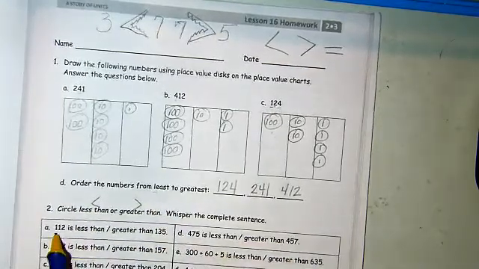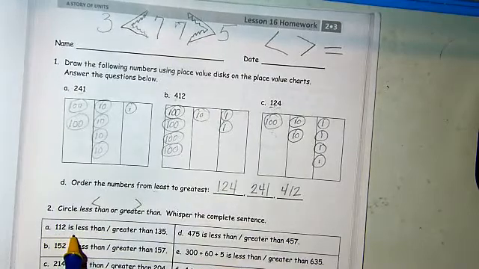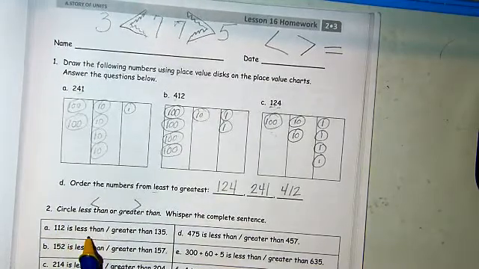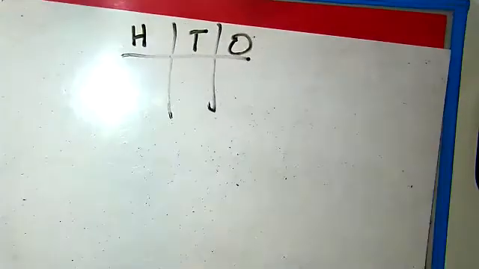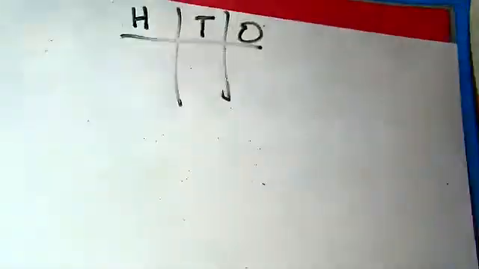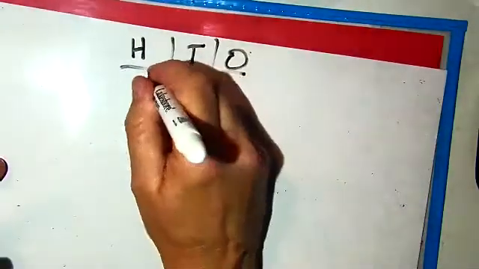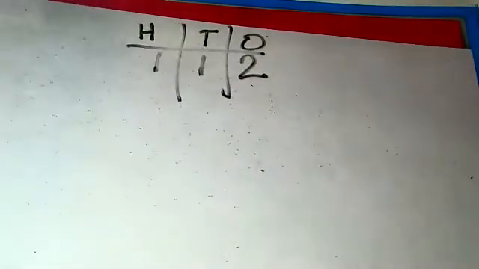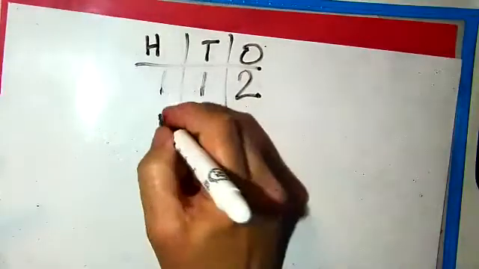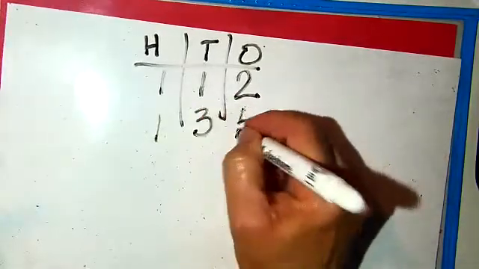So here we have 112 is either less than or greater than 135. I'm going to write both of them in my hundreds chart. 112 and 135.